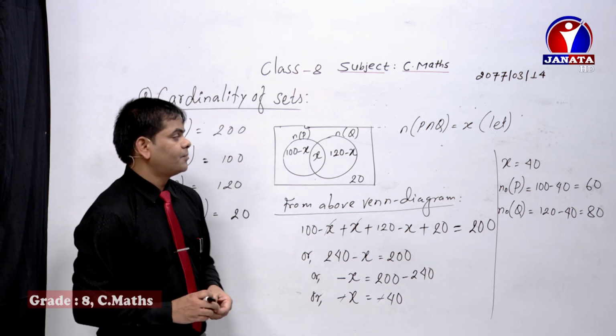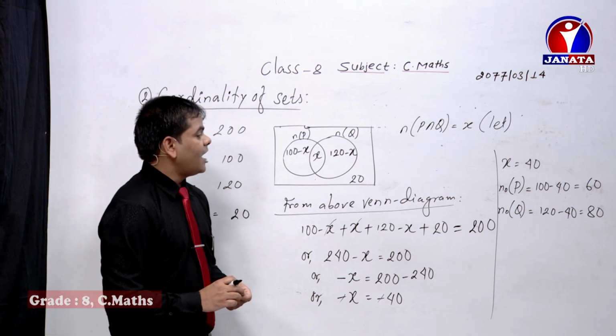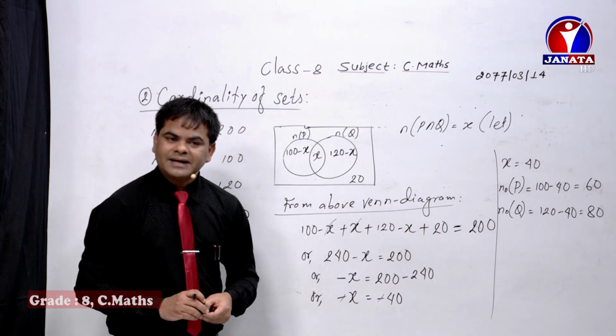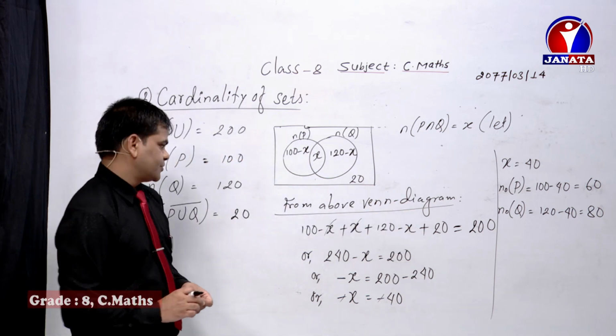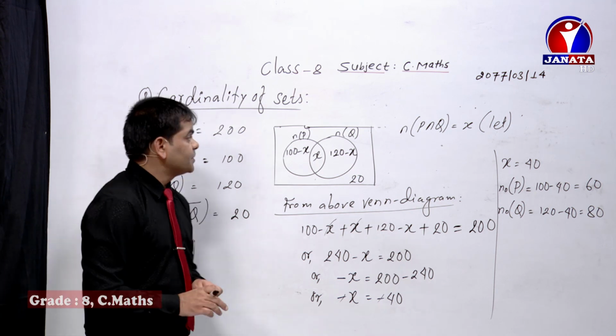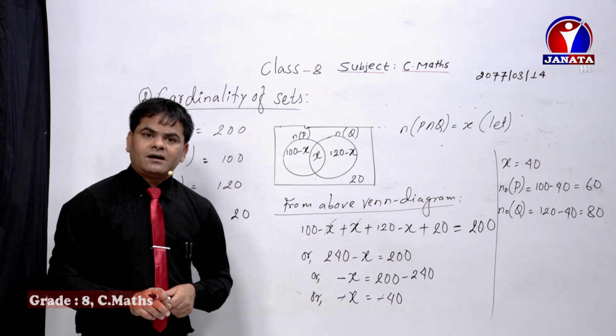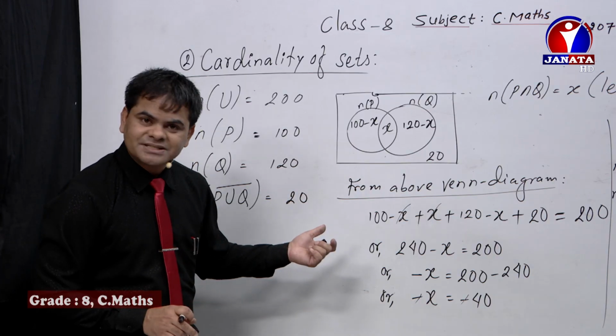So in the logical form, the question may be: how many people like P only? And how many people like Q only? In this way you can reply to the questions. Dear students, you can see such types of questions in the book which you have in your hand, and then you can solve those questions.